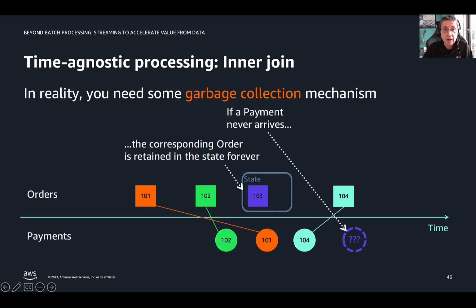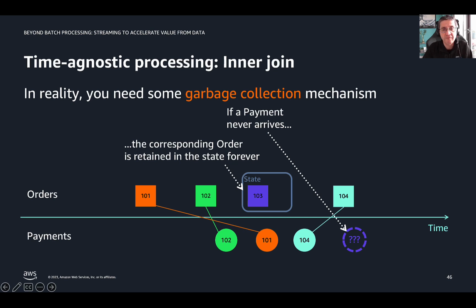In reality, we actually need to have some form of garbage collection that is probably based on time, but this is not related to the logic. So what if the corresponding element on one side never arrives for any reason, for a failure, and we need to be prepared for failure? We cannot allow our state to grow unbounded.